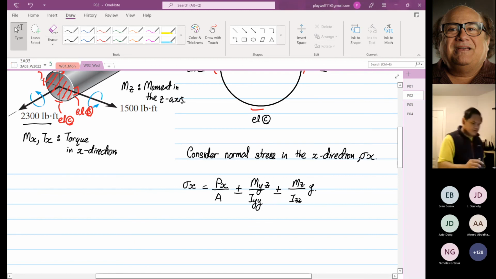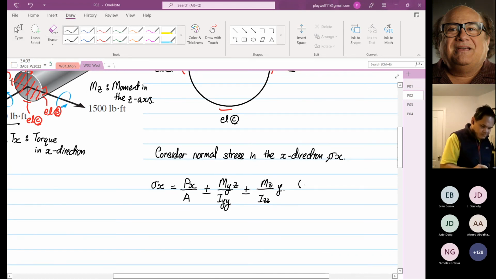This loading condition is what we call eccentric loading, unsymmetrical loading, which I will elaborate on in week 1 and week 2. We are going to learn this in detail for the next 2 weeks.